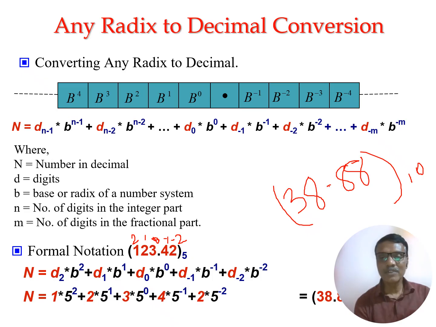Its equivalent decimal value is 38.88. Okay, likewise we can do any base to decimal conversion. So if it is not a standard base, also we can perform like this.